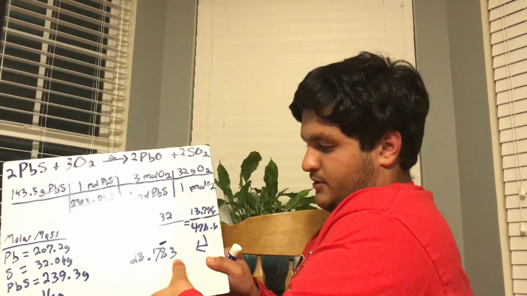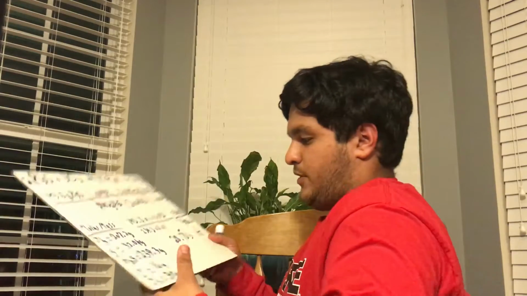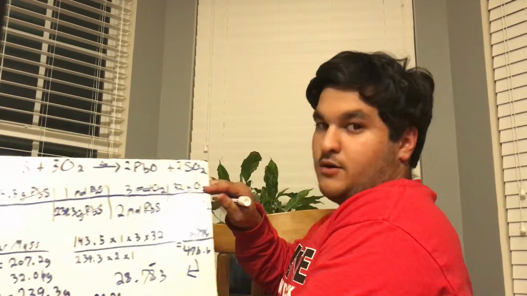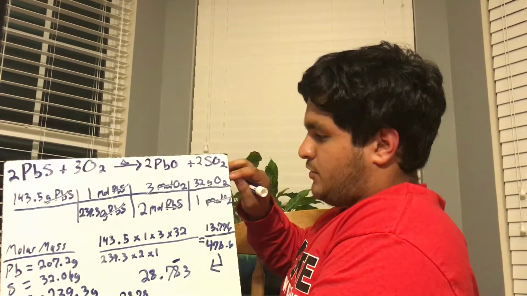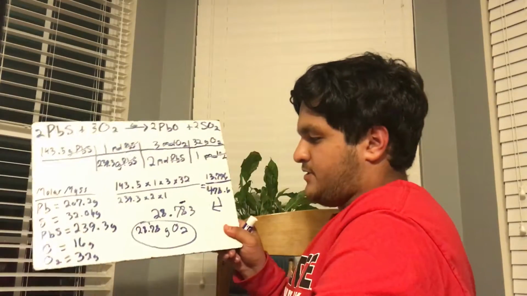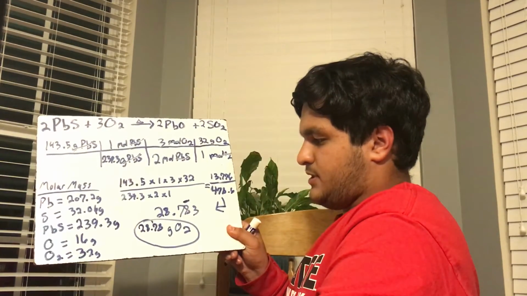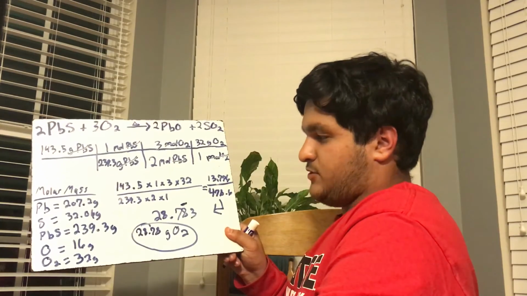Since the 3 is not large enough to round that up, we would stay at 28.78. And since our last unit that we ended in was grams of O2, that's going to be our final unit too. So our final answer is 28.78 grams of O2.